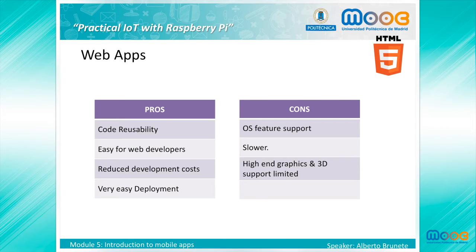Its main advantage is that it is not necessary to write specific code for the mobile app. The code is the same as in the web page. Then, development and deployment costs are low. It's very easy for web developers. The cons are that it lacks operating system feature support. It is slower, especially in graphics and 3D support, and the look and feel is different.